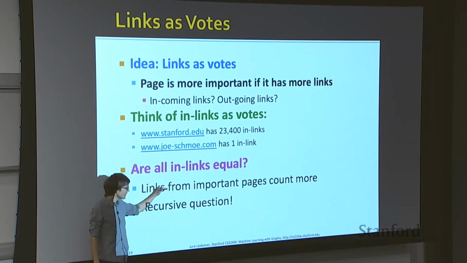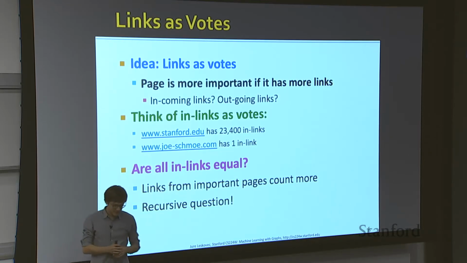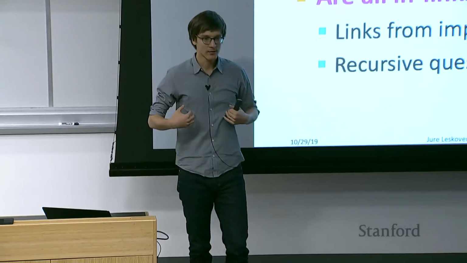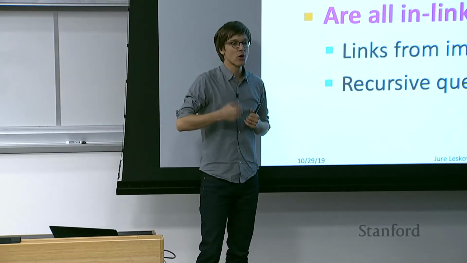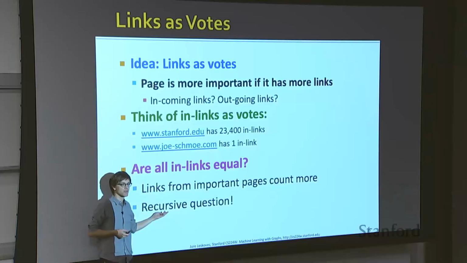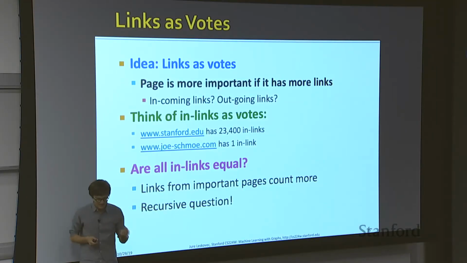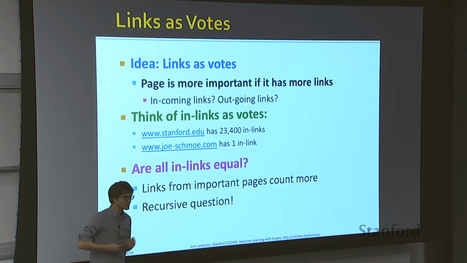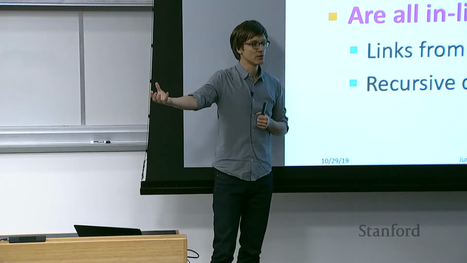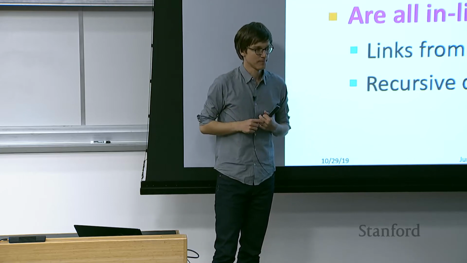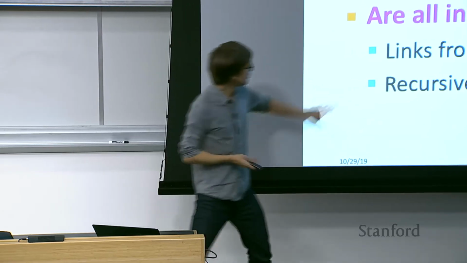And this is now interesting because you say your importance depends on the links you get, and then the importance of someone you link to depends on your own importance. And this is a recursive question, right? Recursive in a sense that my importance depends on who links to me, and someone else's importance depends on who links to them, and it's the same thing, right? So we need to resolve this.